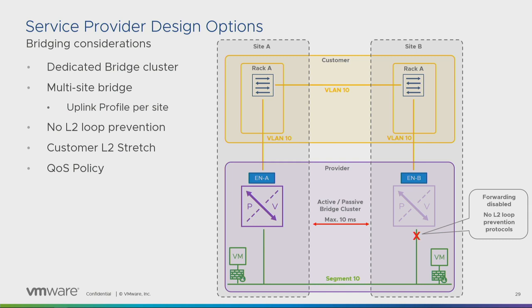It comes at a cost of just 2 VMs, but by doing so, you make sure that these, often more latency-sensitive situations or higher bandwidth demands, are used for this situation, and it makes you operationally better and gives a better quality of service. So when you use a multi-site bridge, as in the previous example for routing, use different uplink profiles per site to have routed TEP traffic between them.